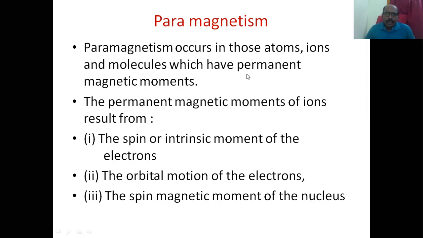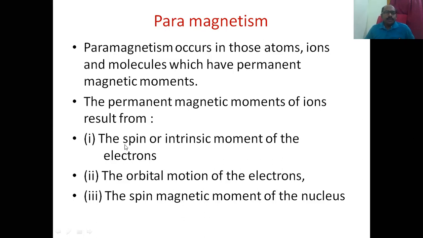So if that is the case, where do permanent magnetic moments come from? That means how do we get permanent magnetic moments? There is a possibility for the existence of permanent magnetic moments when any one of these three exists inside the atoms, ions or molecules.